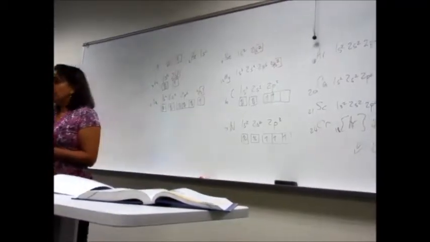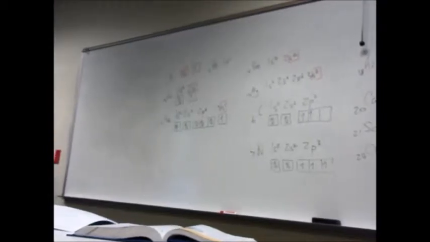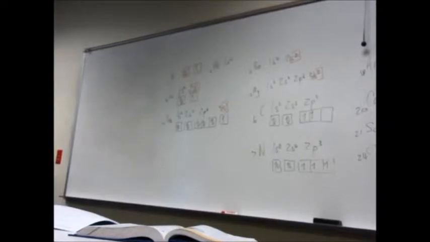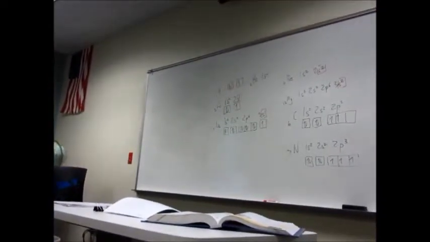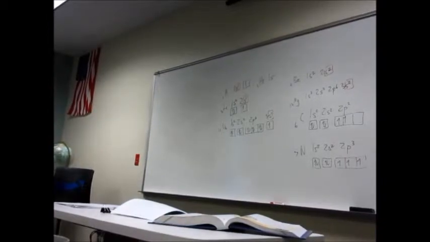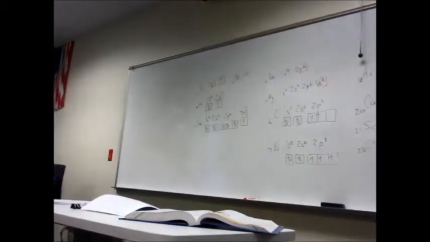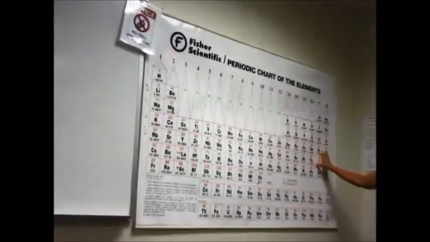So when you do the electronic configuration of ions, there are two kinds of ions, right? The positive and the negative one, the anion and the cation. So in cation, what happened? You lost electrons. In anions, you gained electrons. So you also remember, from chapter 2, that the elements that lose electrons are the metals, and elements that gain electrons are the non-metals.